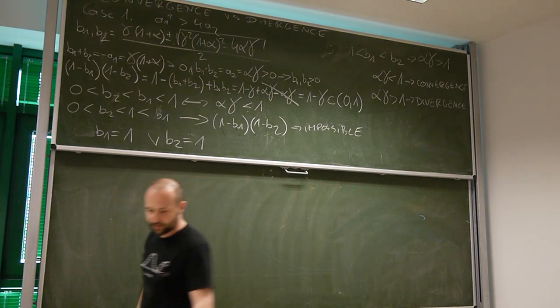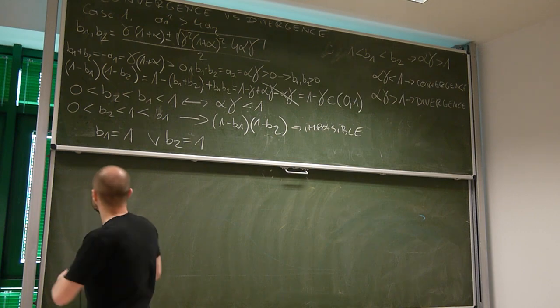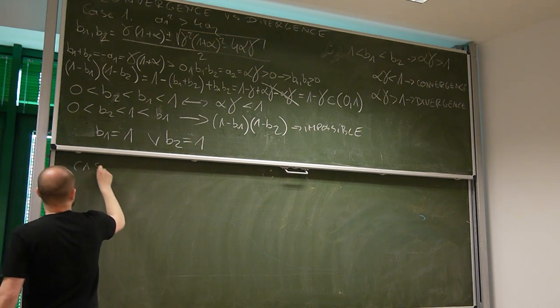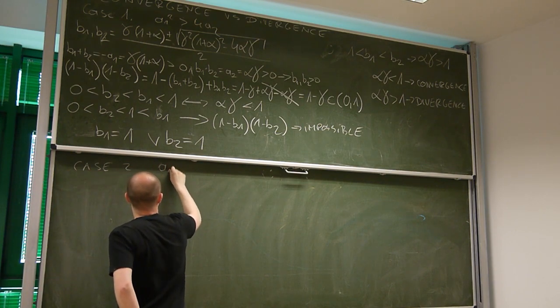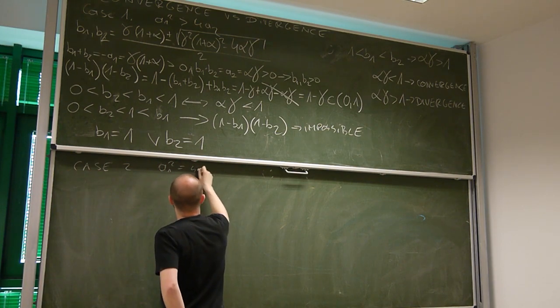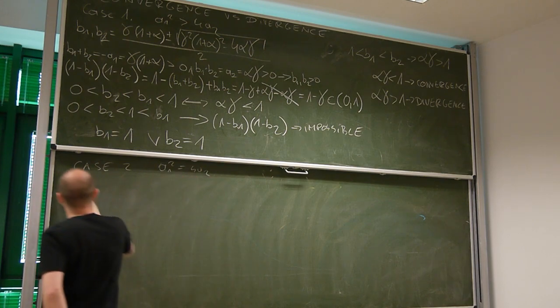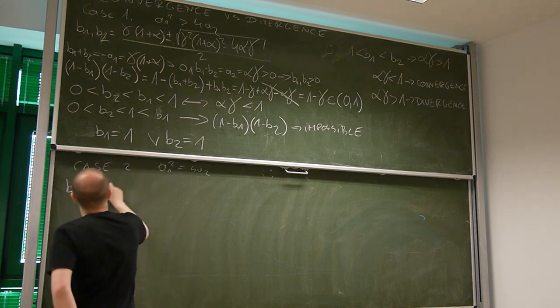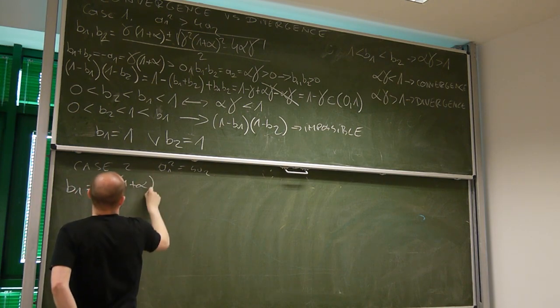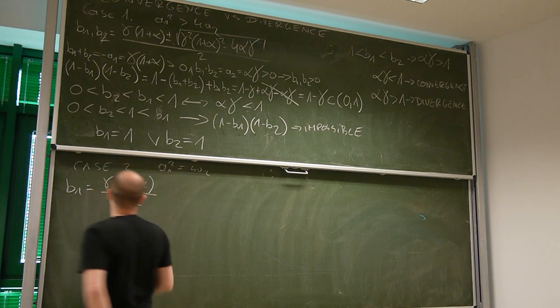In case number 2, we have repeated roots, so a1 squared equals 4a2, and then we've got b equal to gamma 1 plus alpha over 2.